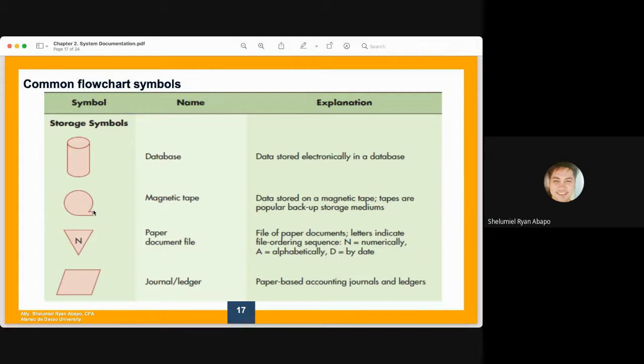Because a database is basically a tabular storage of information, but it is retrieved by the system and shown on your screen in a manner that you can easily identify.